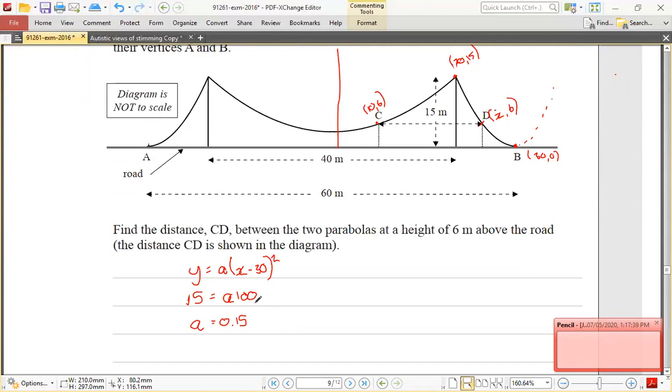Right. So next step. Oh, my brain's starting to get cloudy. So we got the formula for that one is, what's it, y equals 0.15 times (x minus 30) squared.